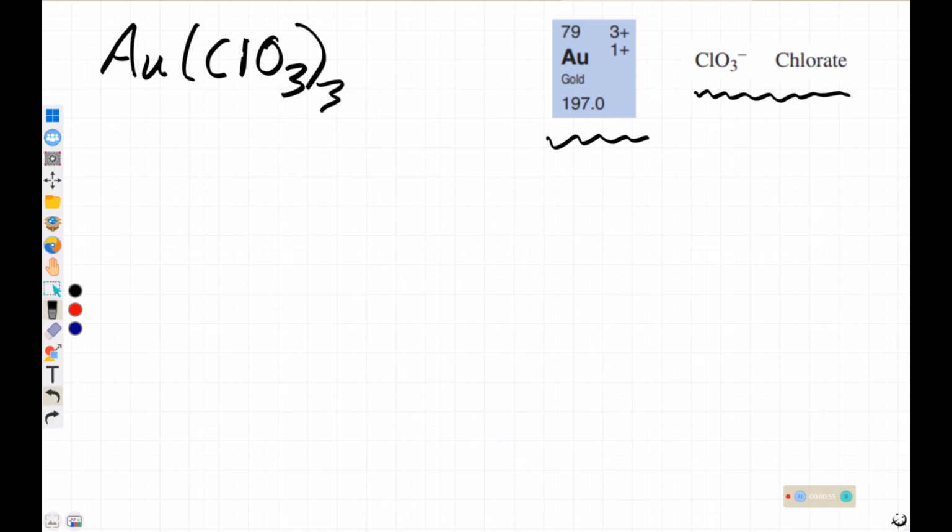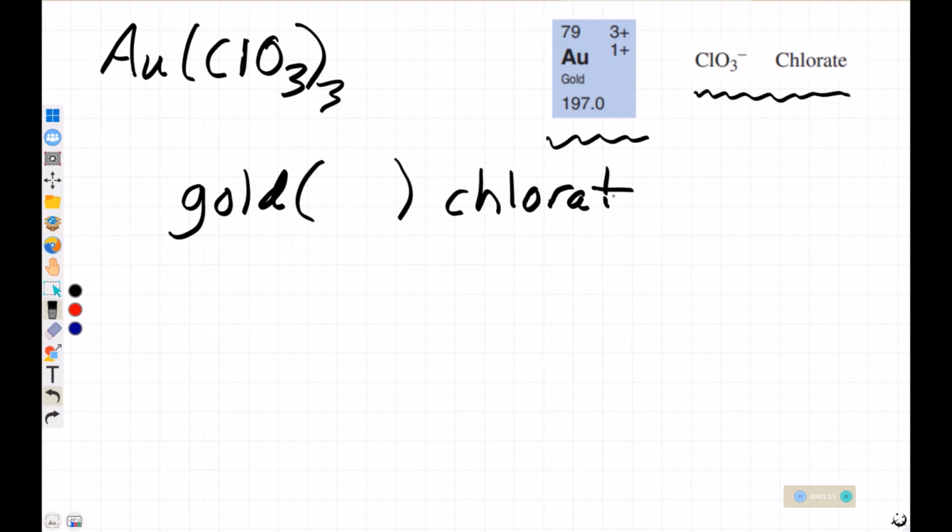So again, following the rules as we did before, Au is gold. It's a multivalent metal, so we're going to have to put the Roman numeral in there. And then finally, the last part of the formula is the polyatomic ion chlorate. And as before, I am going to write out the elements and ions.